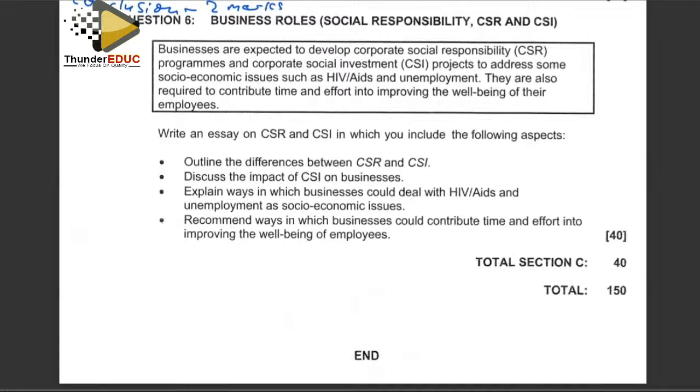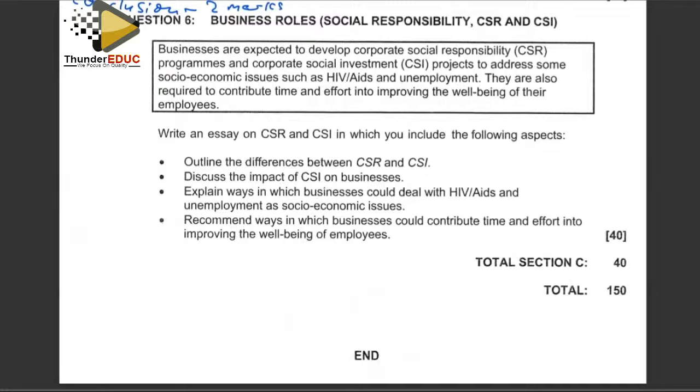So now if you still remember grade 12, the moment you are given these bullets in a business studies essay structure, it means that these are our body points. So remember, in our body, you should always write the subheading of each and every question.